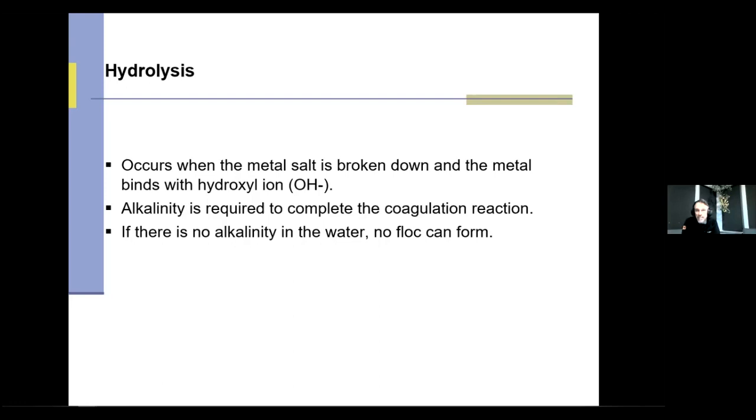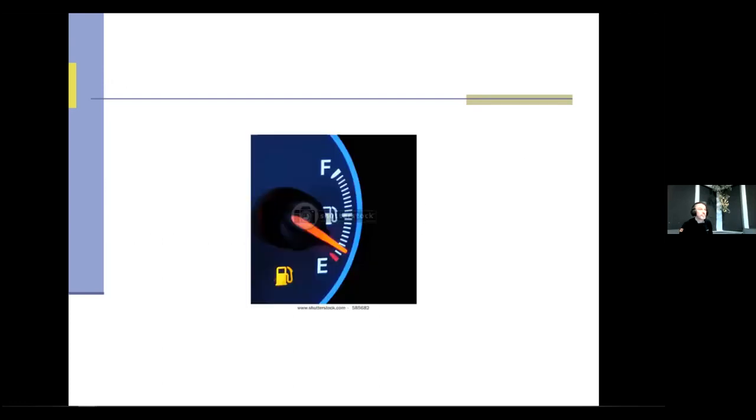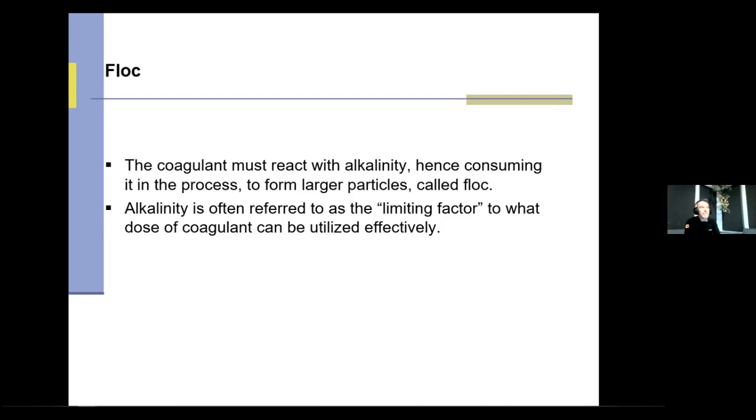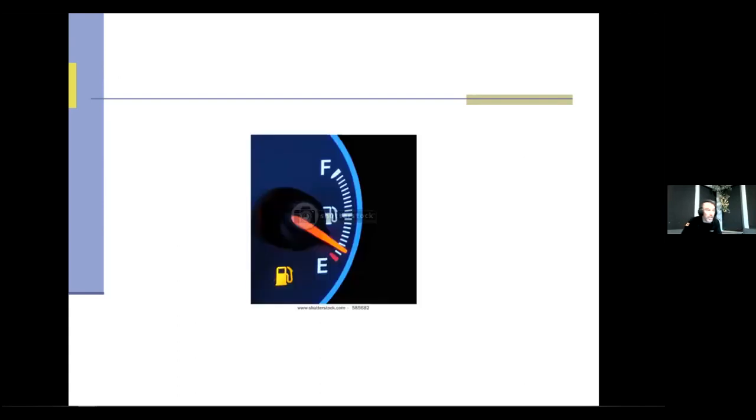So it's kind of a double-edged sword, that the water that needs the coagulant the most is usually the water that has the least amount of alkalinity. So it's always very important to make sure you have enough alkalinity. The coagulant must react with the alkalinity and in the process form these flocks. Alkalinity is the limiting factor, and we talked about that, no gas in the car.